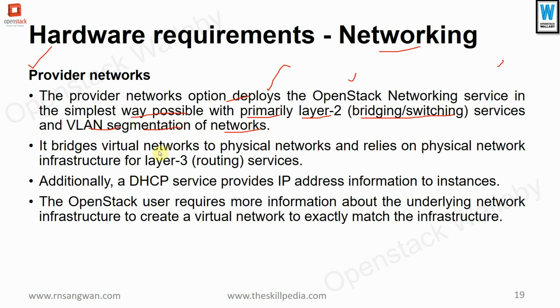It bridges the virtual networks to physical networks and relies on physical network infrastructure for layer 3, that is routing services. Additionally, a DHCP server provides IP address information to instances. The OpenStack user requires more information about the underlying network infrastructure to create a virtual network to exactly match the infrastructure.